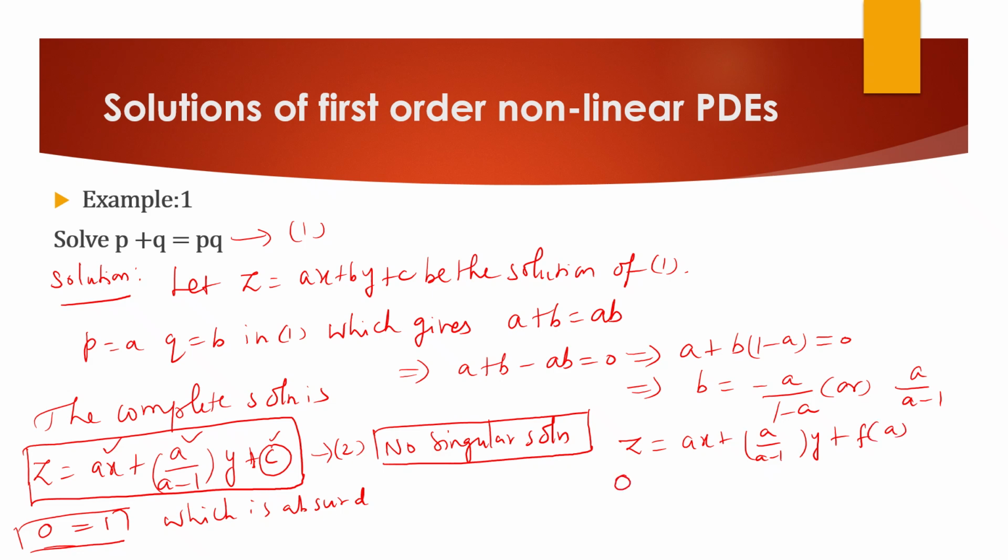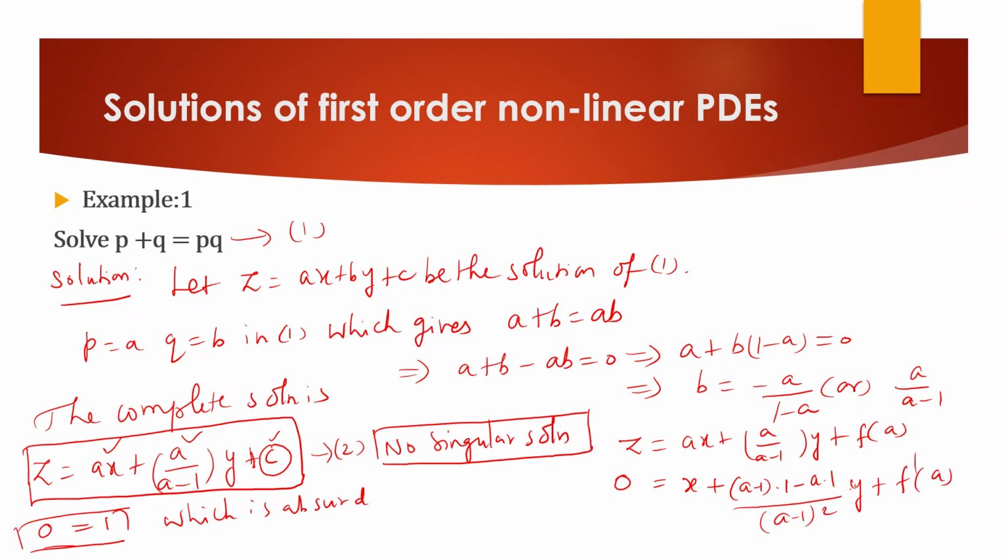So the left hand side is 0 and it is x plus, here we have u by v form. Keeping this a - 1 fixed and differentiating the numerator is 1, minus keeping the numerator fixed and differentiating the denominator is 1, by (a - 1) whole square, into y plus f'(a).